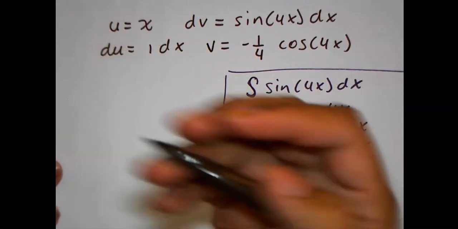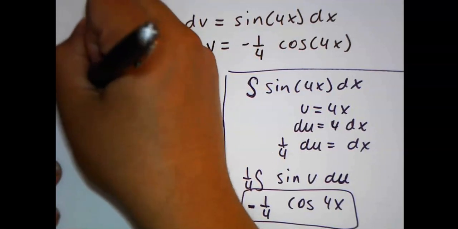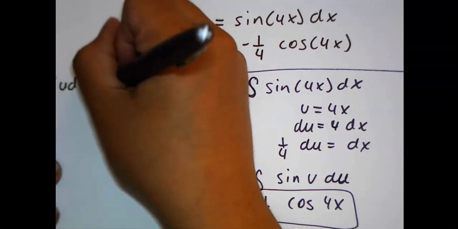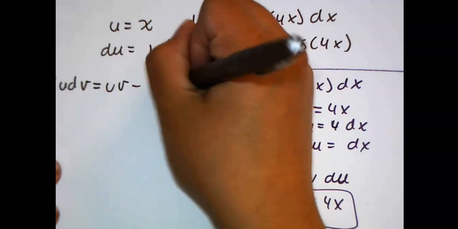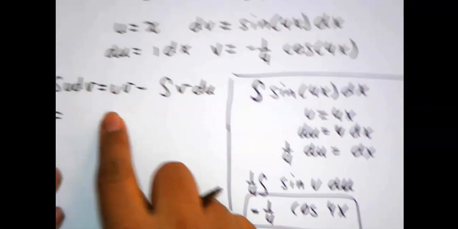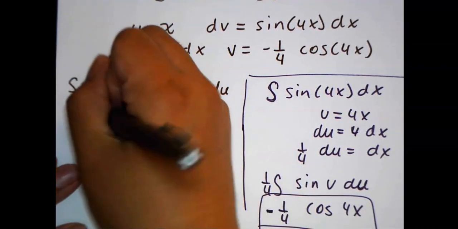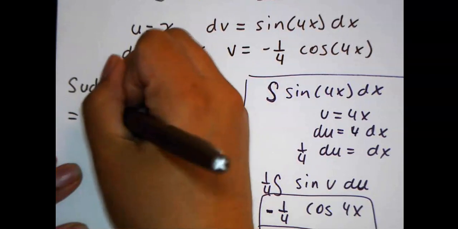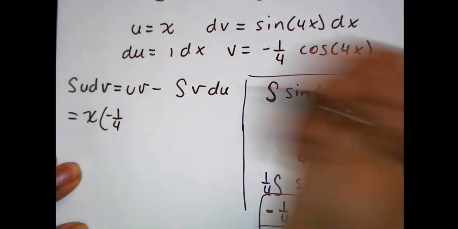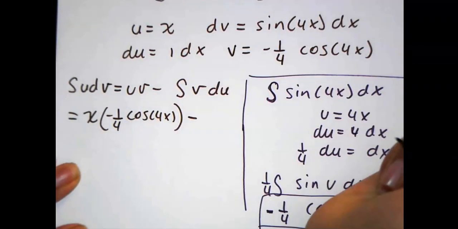So now, formula. The integral of u dv equals uv minus the integral of v du. I am so sorry. There you go. u was x. v, negative 1/4 cosine of 4x, minus the integral.